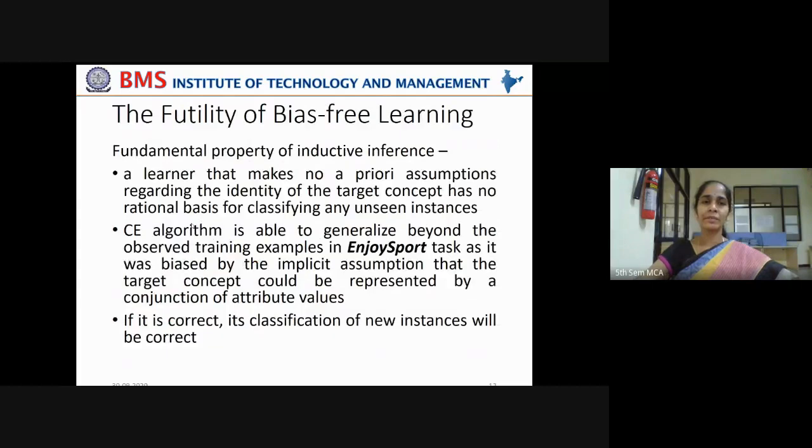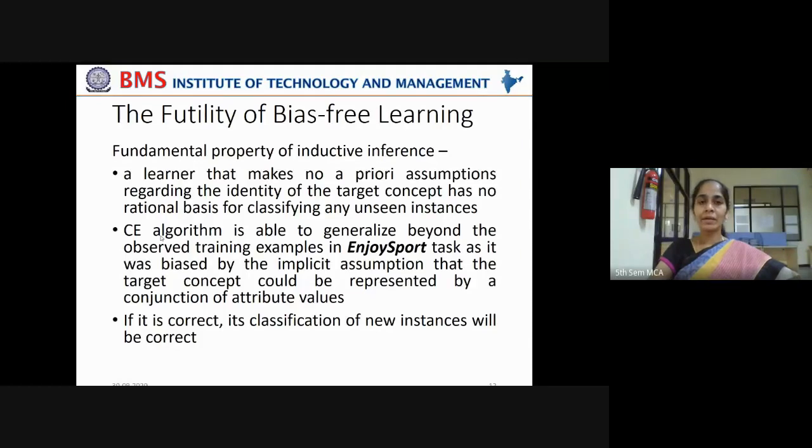Let's proceed and see the futility of bias-free learning. What do we say futility means? The harshness, or the unbelievable facts, or what better word can we use here? Something like the drawback.